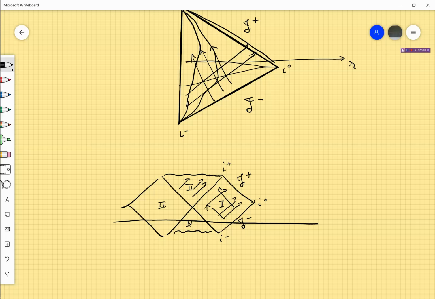We will see more metrics describing black holes, and we will try to find what are the common points shared by all those metrics: the existence of this horizon, how to characterize it, and what the properties are.